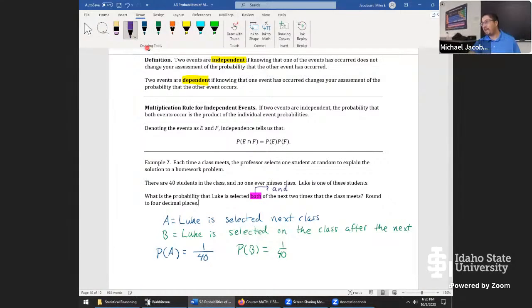Both is conflated with and in this context, which means we'll be using this symbol for intersection. And the arrows go both ways. So if you're using intersection, you're talking about an and, which means you probably have something like that in the problem. So to answer the overall question, we'll say probability that the event A occurs intersect the event B.